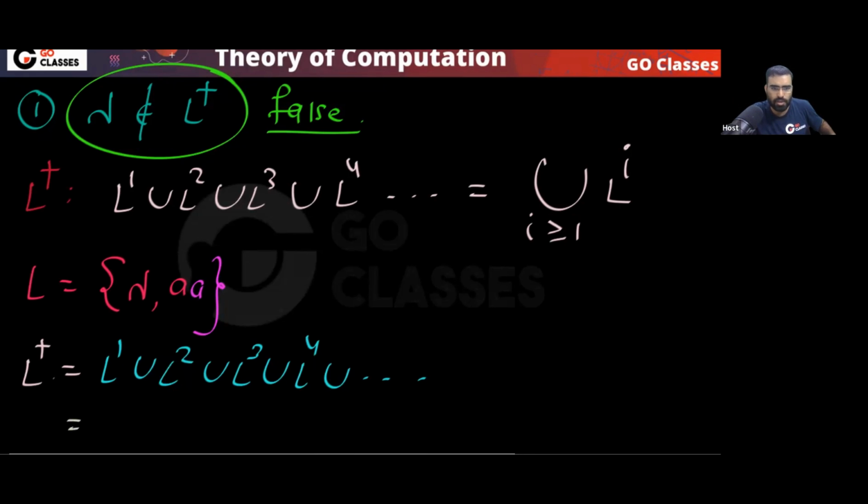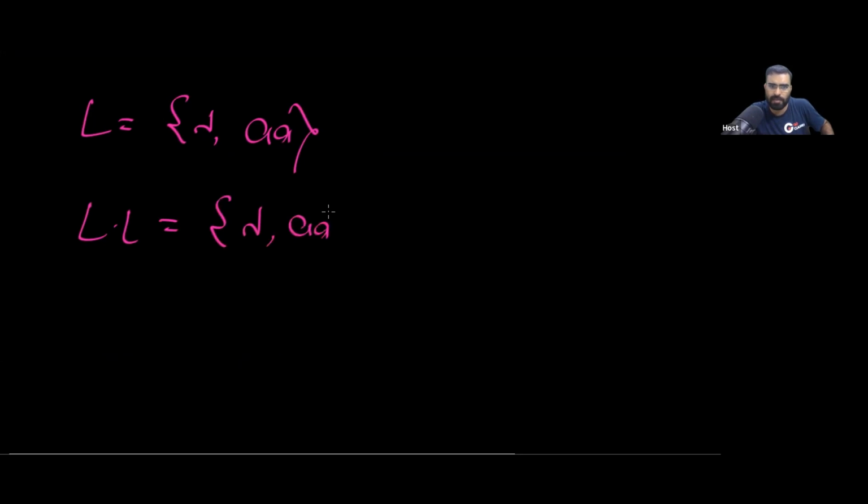In L plus, L power 1 is lambda, double a. What is L power 2? L power 2 means L dot L, where L is lambda, double a. So L dot L is lambda, double a concatenated with lambda, double a.